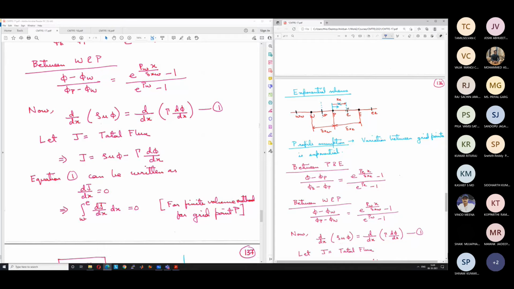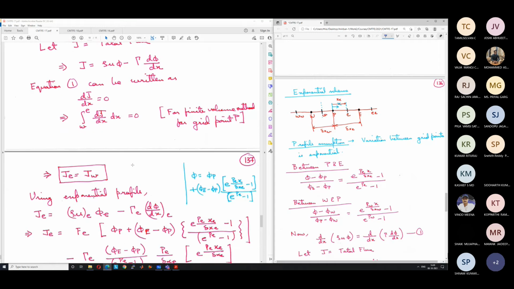Okay, for the control volume. Control volume goes from west to east. So going from west to east, our equation has become very simple. dj dx equal to 0 in terms of j. Okay. This is for the control volume going from west to east. Or j at east is equal to j at west. After integration, we find that j at east is equal to j at west.